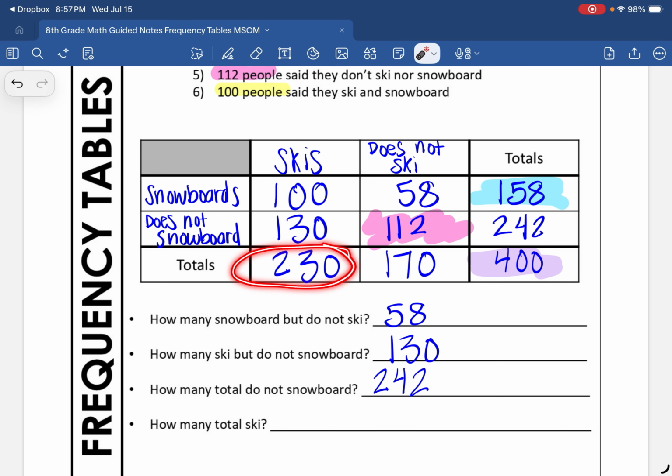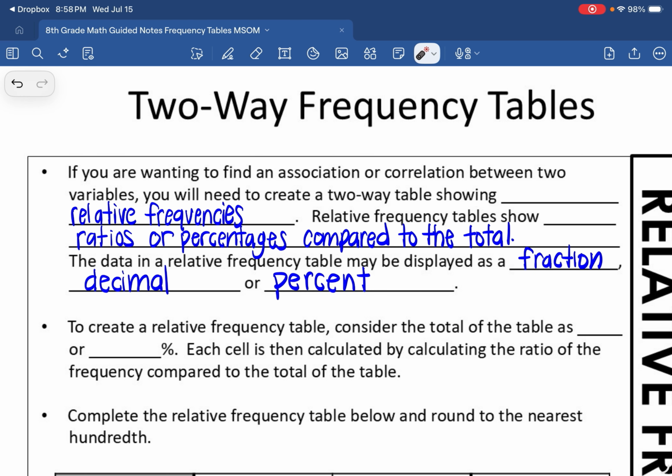Right here, 230. If you are wanting to find an association or correlation between two variables, you will need to create a two-way table showing relative frequencies. Relative frequency tables show ratios or percentages compared to the total.